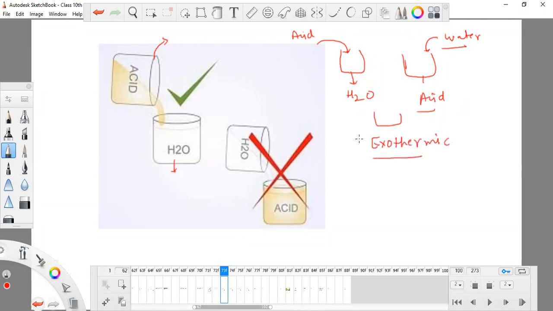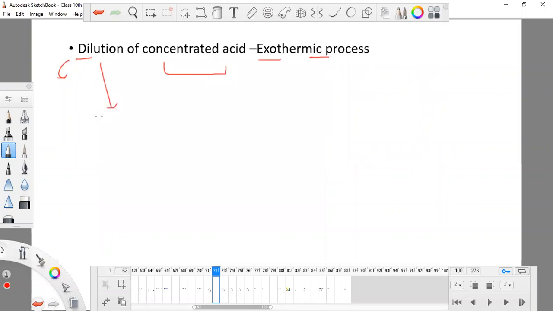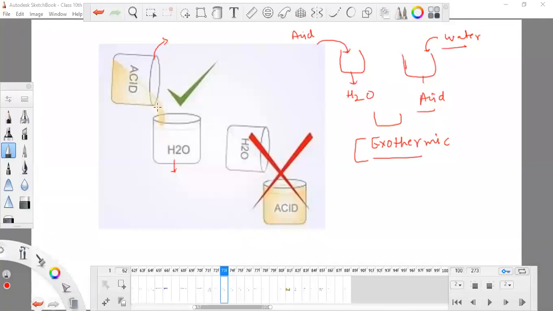We studied yesterday that even the process of dilution is an exothermic process. But we have two options: what should we do if we want to dilute an acid?